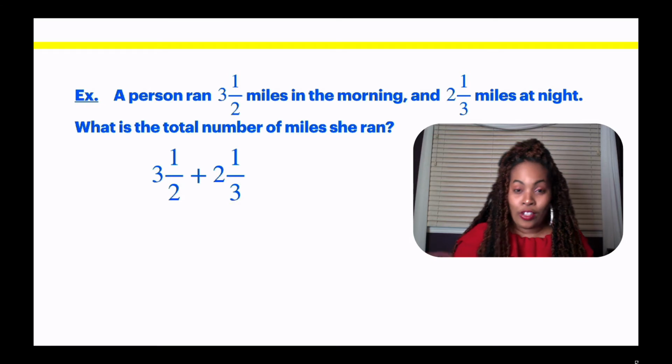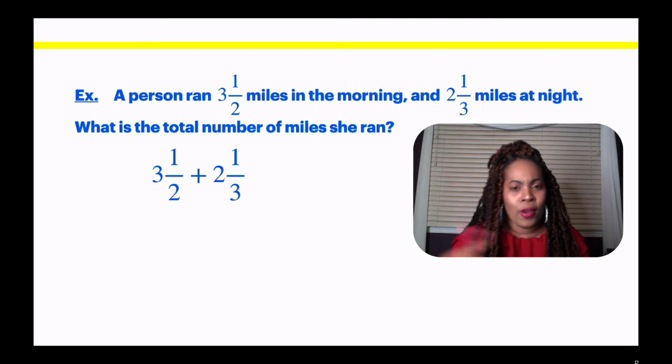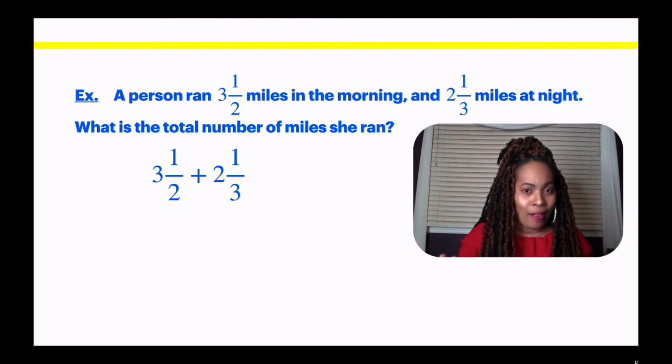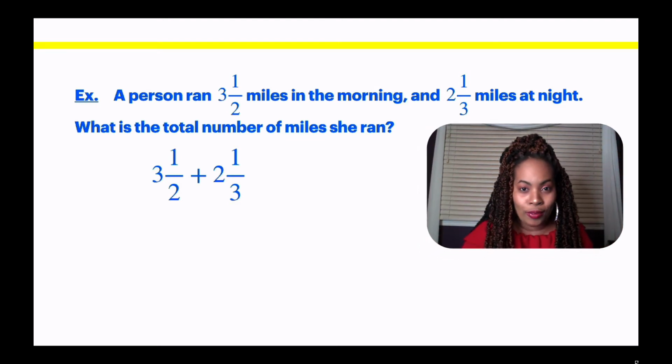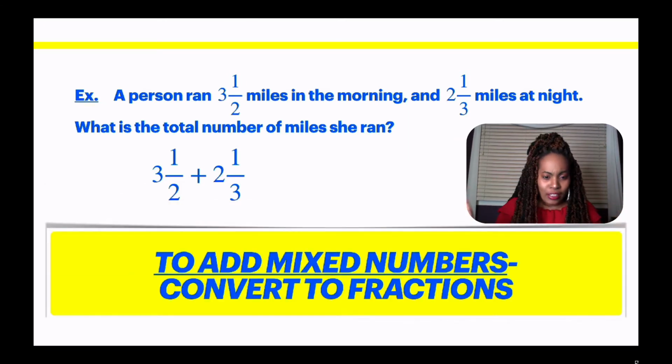Now, let's talk about yesterday's lesson. Here you see we're adding mixed numbers, right? I hope that someone out there remembers the first step when you're adding mixed numbers. You don't just dive in and go crazy. So here's what we have to do. You have to first convert them to fractions. Good job.